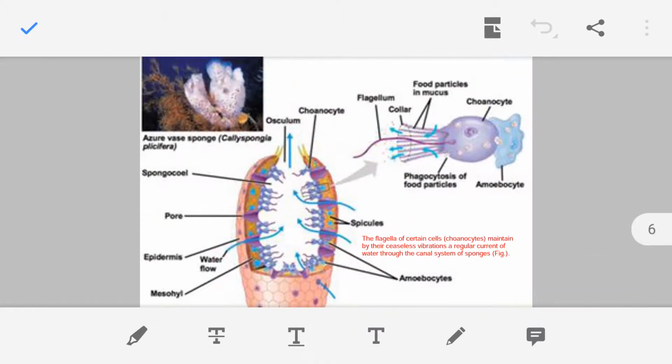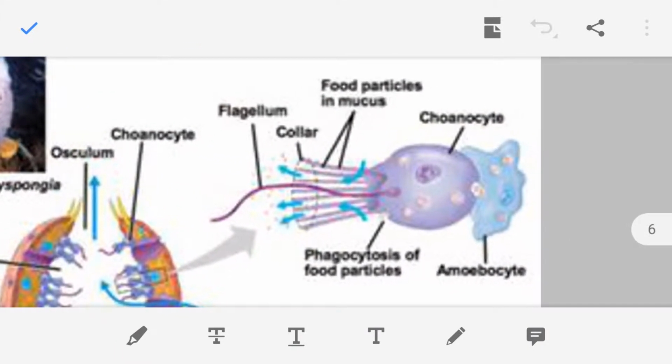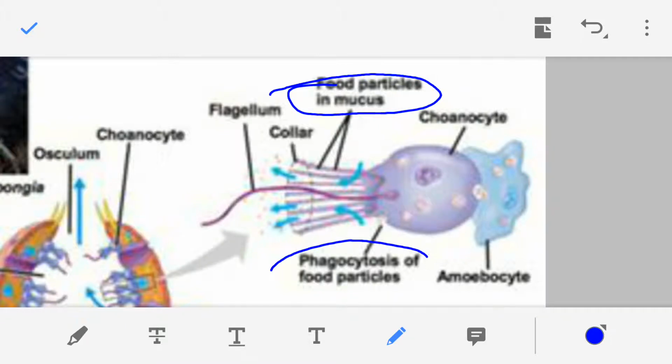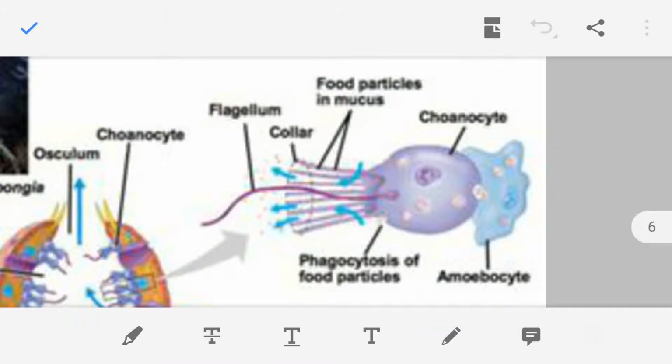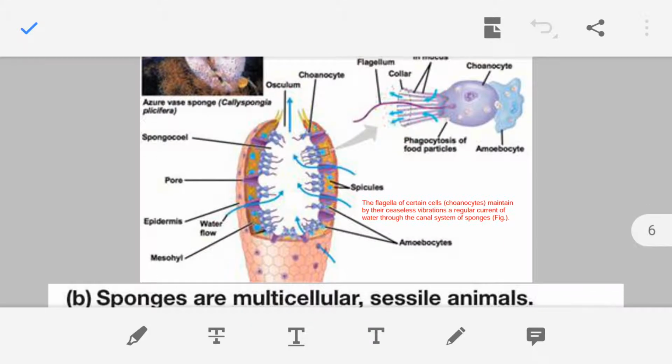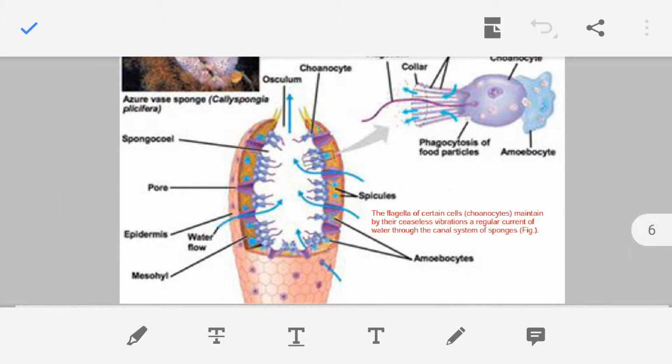Now how are the sponges feeding? Over here, as you can see, the food particles are trapped in mucus, and then phagocytosis of the food particles is performed by the choanocyte cell. This is how sponges get their nutrition, their nourishment. It is due to the beating of the flagellum of the choanocyte cell.